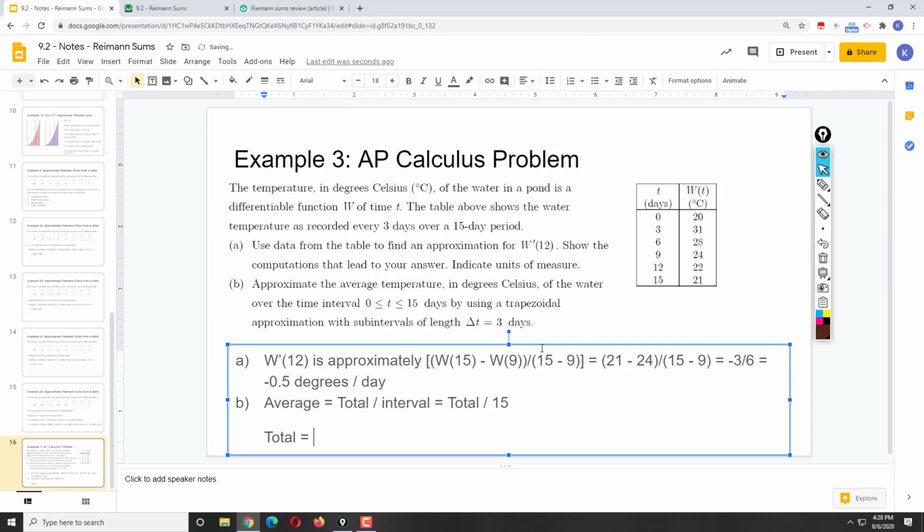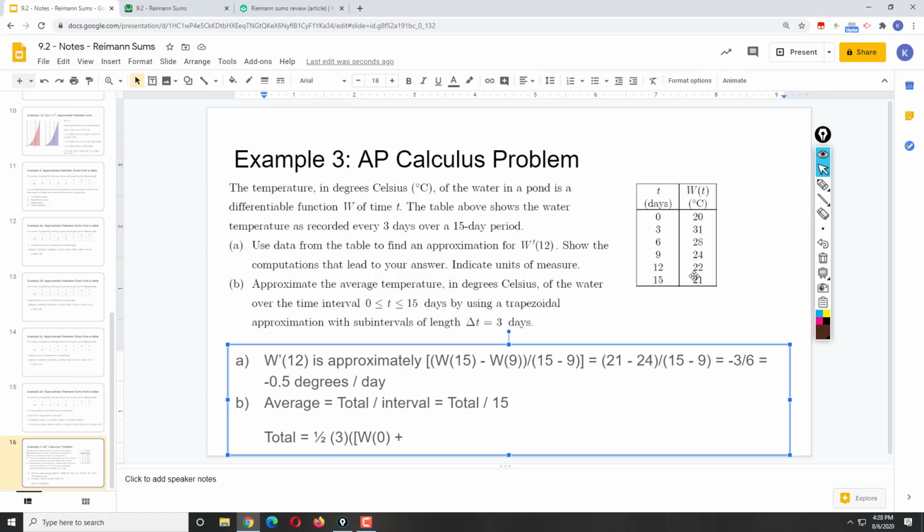We're using subintervals of length 3 days, so that's what they gave us. So again, the Riemann sum is going to be 1/2 times the length of each interval, which is 3, times, remember that we just add the endpoints, the values of the function at the endpoints. So W of 0. The ones in between are 2 times because we add them twice.